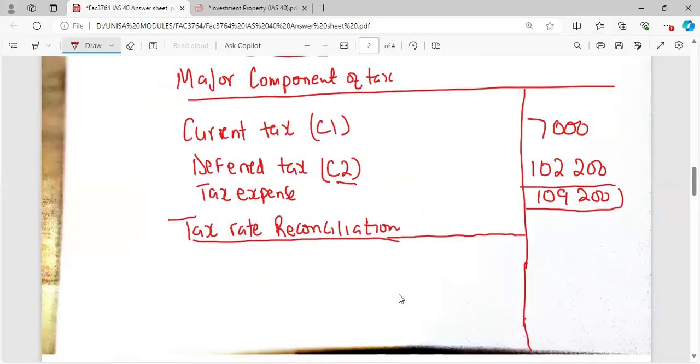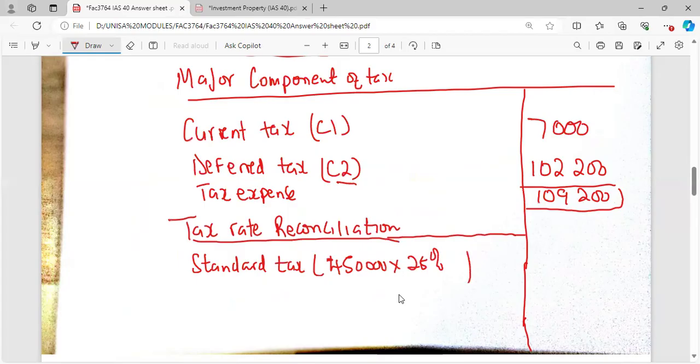Then you take the accounting profit, which gives you the standard tax. Standard tax is from accounting profit, which is 450 times 28%, which is 126,000.